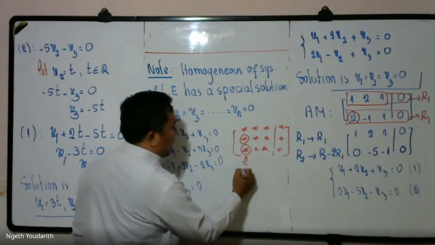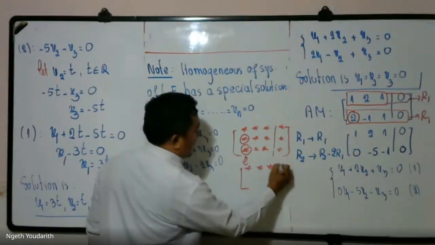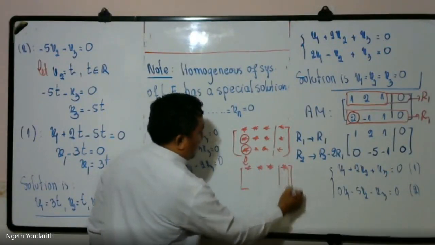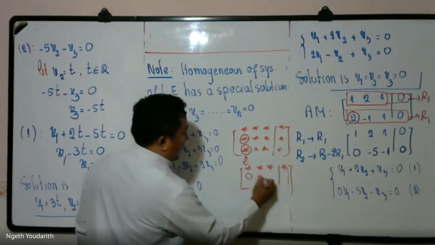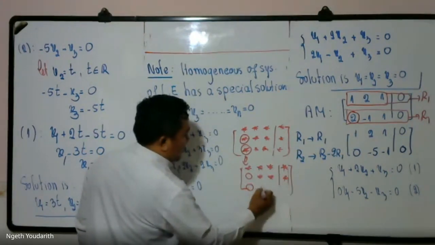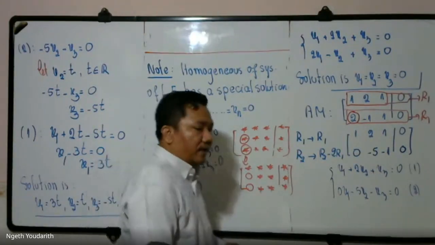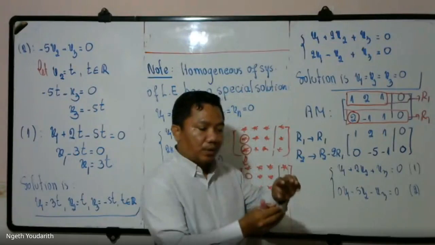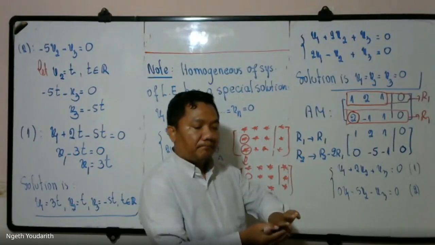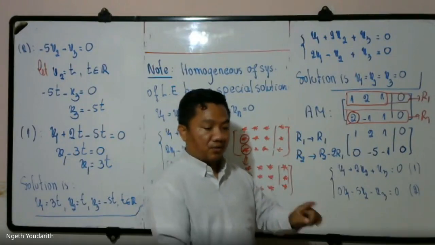So it becomes star and star in this row, star and star in this row. Why do we do like this? Because we want to eliminate some variables or unknowns, to make it easy to find the solution.